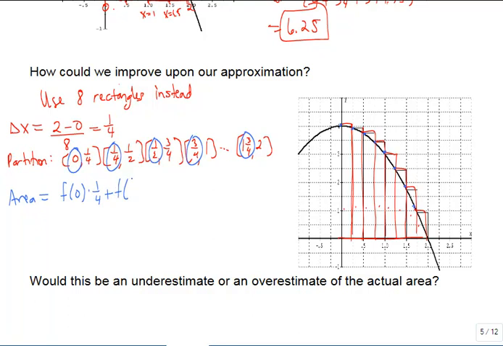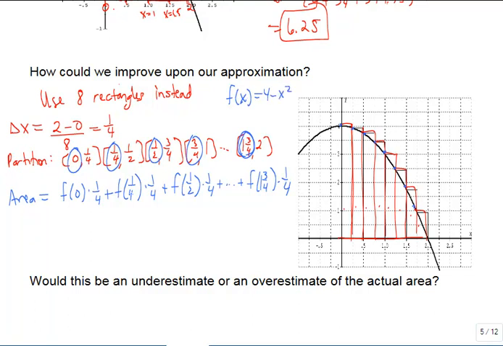Then the second rectangle would go as high as the function is at 1/4 times our width, plus the third rectangle would be however high the function is at 1/2 times our width, and all the way down to our very last rectangle, which uses 1 3/4 as our input times our width. And then you would punch each of those into your calculator using the function 4 minus x squared.